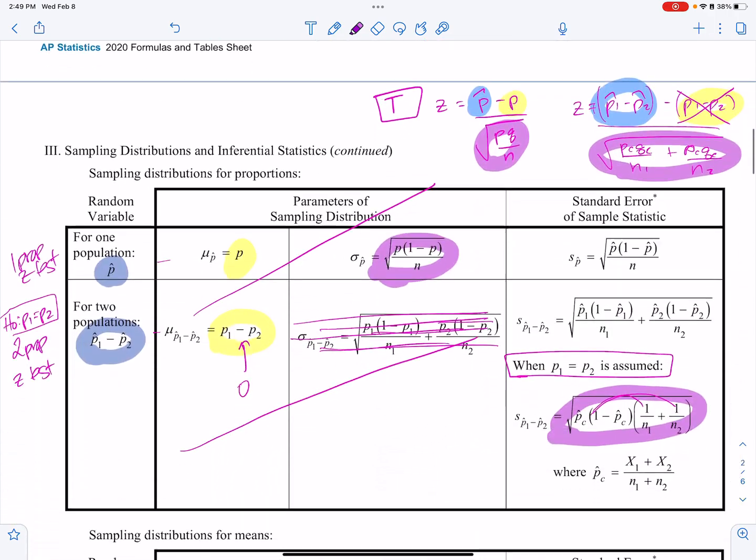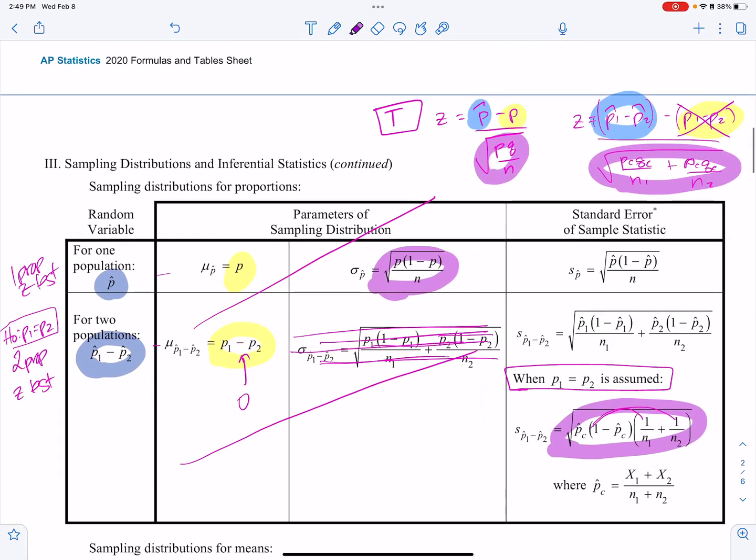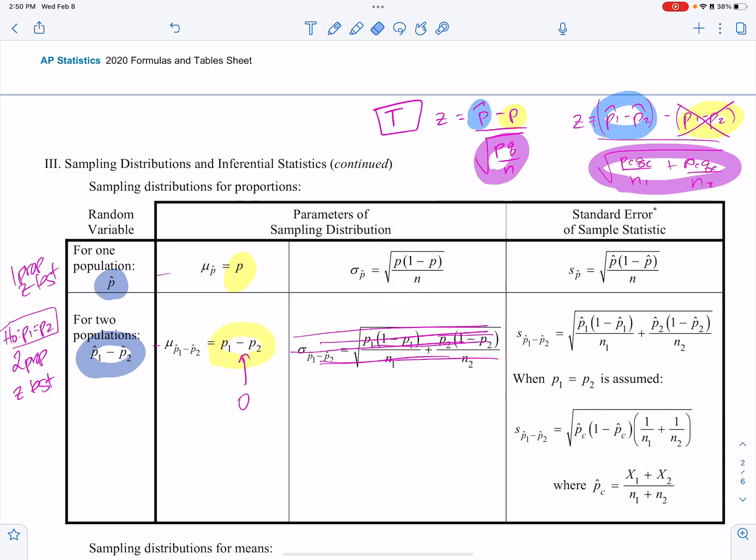Okay, so let me get rid of this for the test. All right, so for the 1-prop Z interval, I'll go ahead and write it out for you.